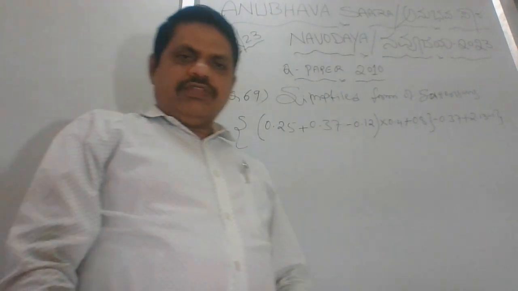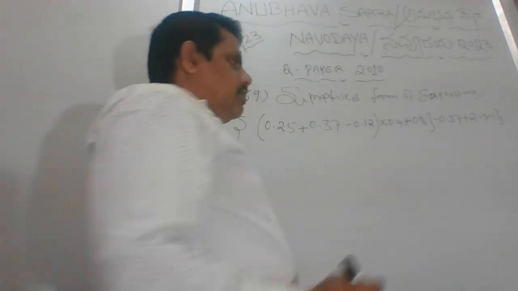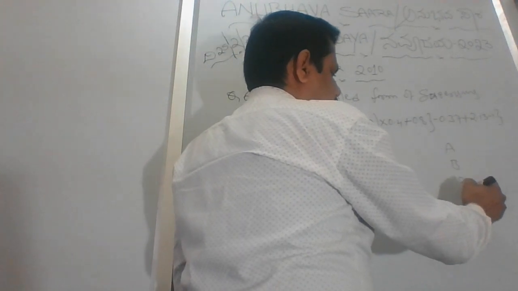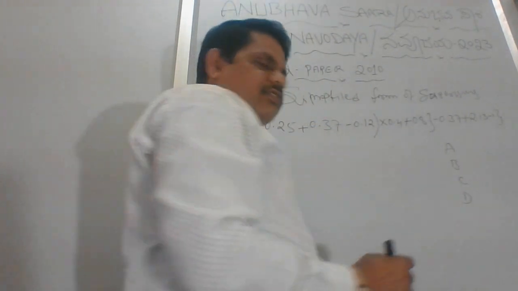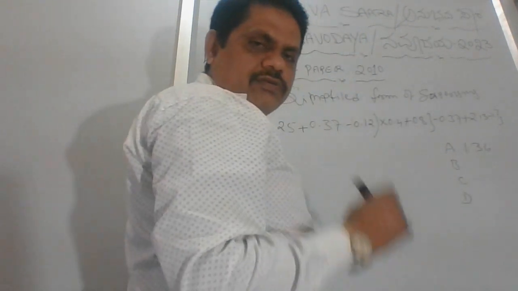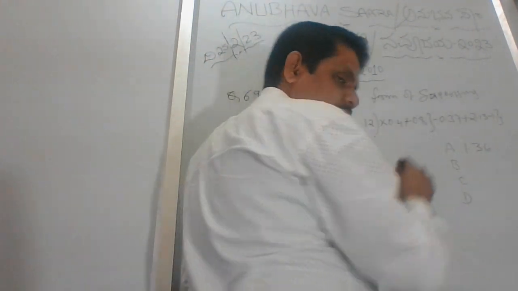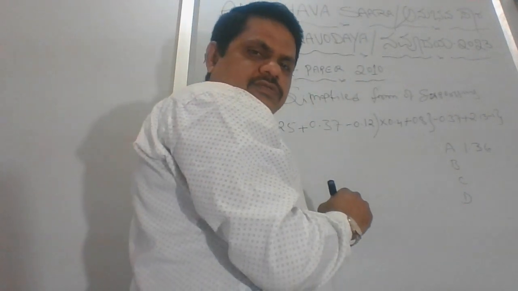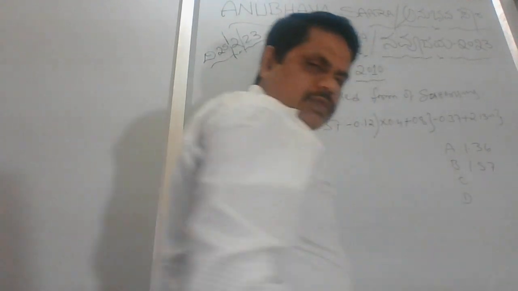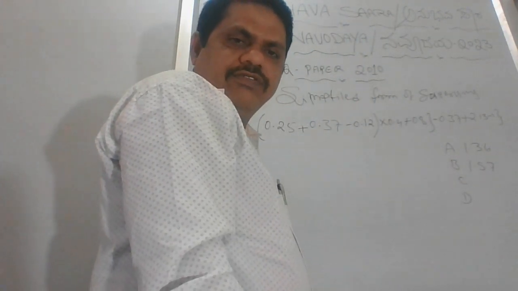Let us go with the options we have. We have A, B, C, D, four options. A says 1.36. B is 1.57.